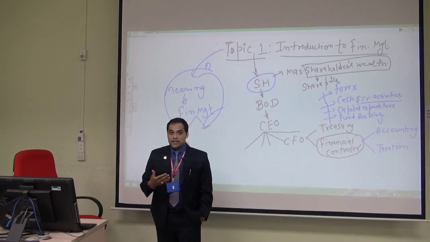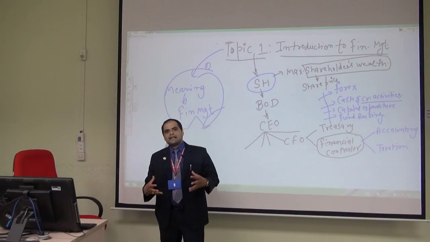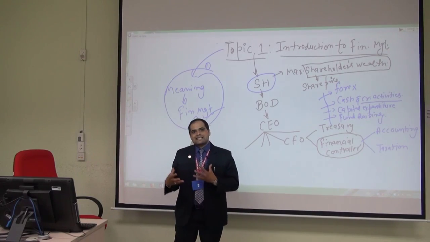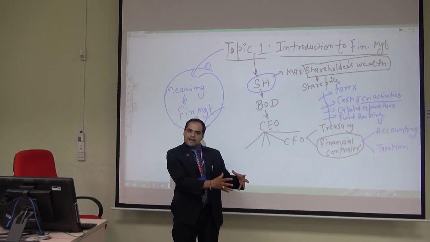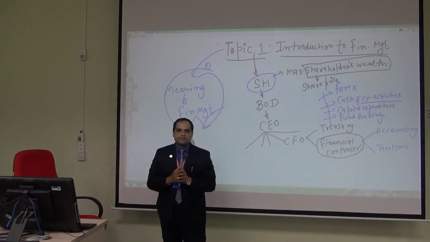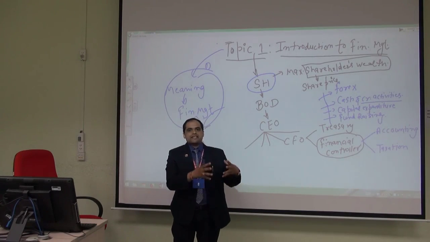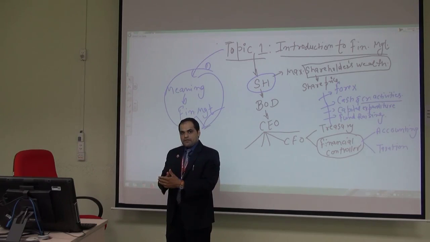As we know, high risk, high return; low risk, low return. So when making any investing decision, they consider the risk factors associated with that investment and the return we're going to get from that particular investment.